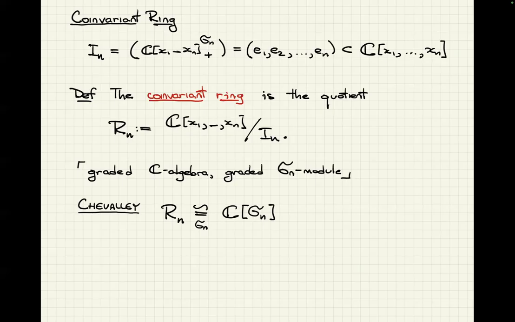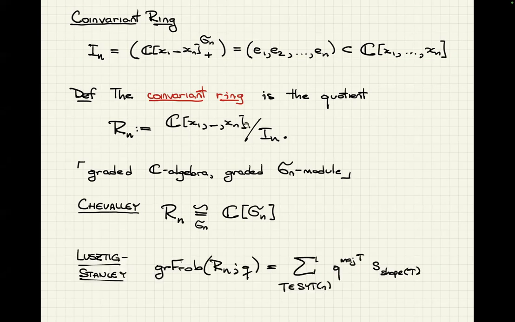And what we gained was graded structure, right? So we have a graded Sn module, and the graded isomorphism type of this Sn module was calculated by Lusztig and Stanley. And here I'm stating this in the language of symmetric functions. So I'm representing an irreducible of Sn with the corresponding Schur function.